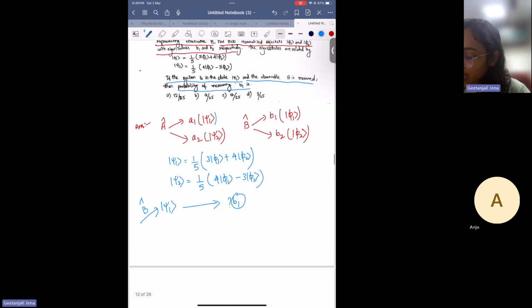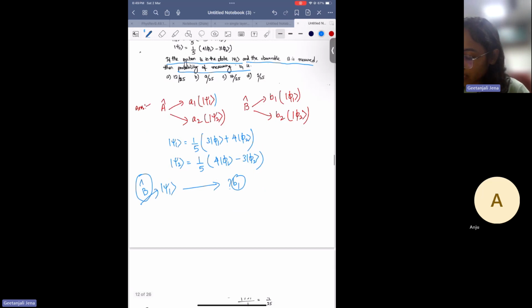Whenever this kind of question is asked, first see what is the observable acting on the initial state. So the initial state is psi1 and the observable is B. The first thing you have to do is express this psi1 in terms of the eigenstates of the operator acting on it, which is B, and the eigenstates of B are nothing but phi1 and phi2.